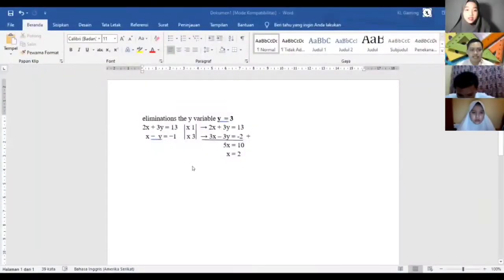Can anyone help me find the x value by the elimination method? Yes, ma'am. Please. I want to share my screen with my answer. My answer is eliminating the y variable, y equals 3.